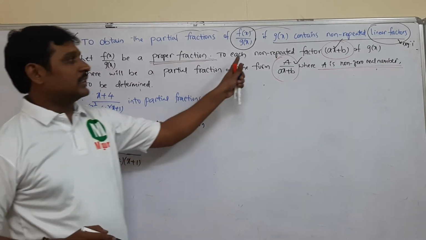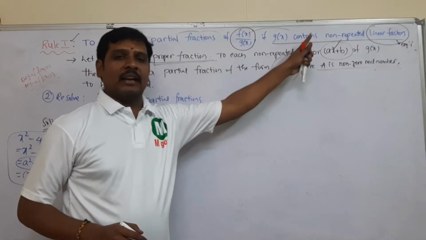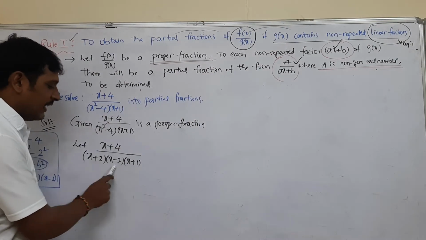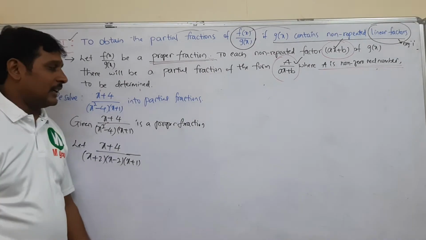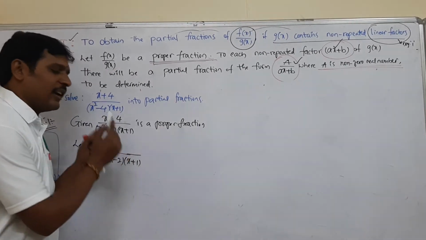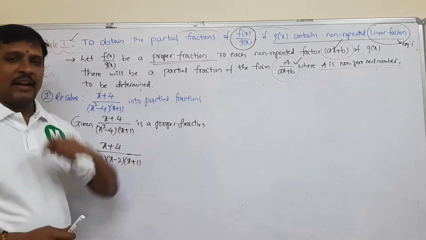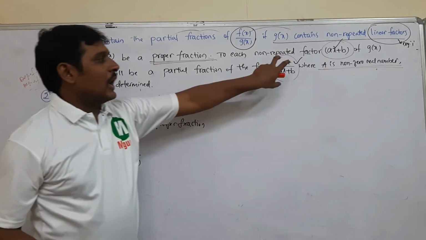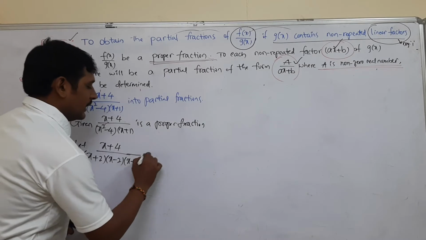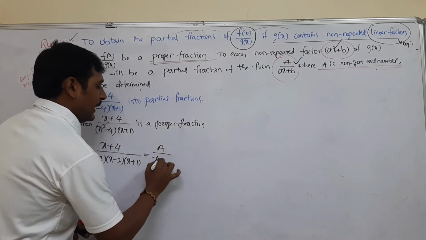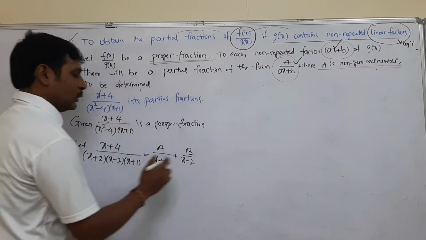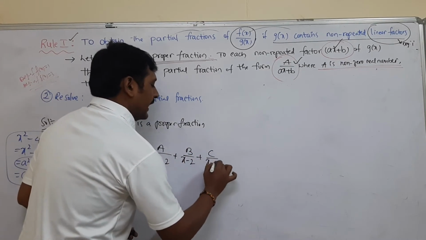Now you can observe this. Each non-repeated factor ax plus b of g of x. In g of x, each and every term is a linear factor. The first thing is a proper fraction, then each and every term is a linear factor. So for each linear factor, we need to write the form a by ax plus b. So what can we write here? We can write it as a by (x plus 2) plus b by (x minus 2) plus c by (x plus 1).